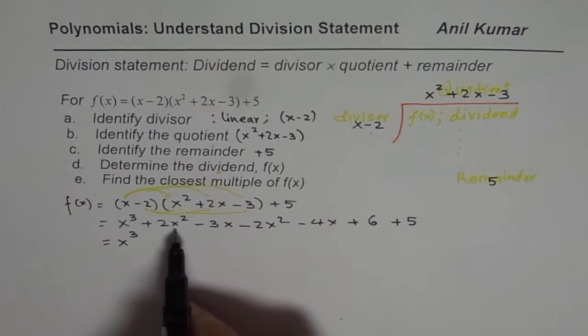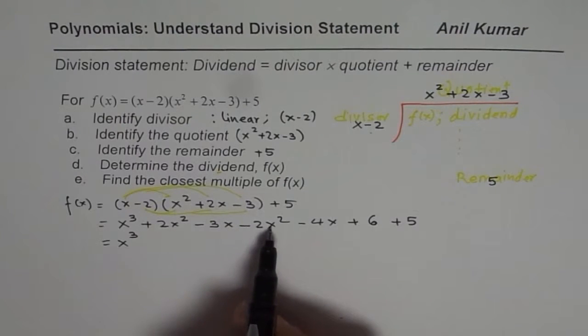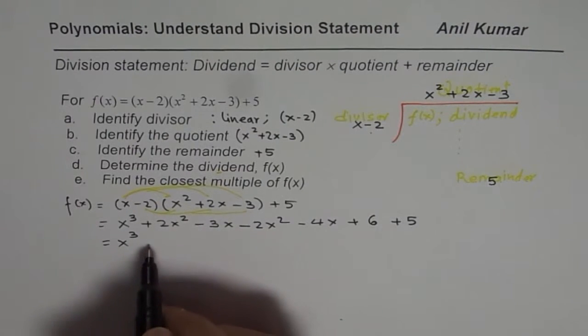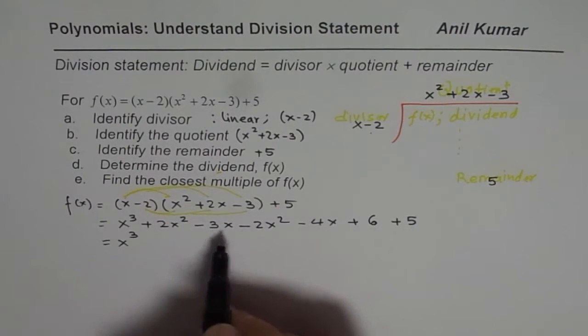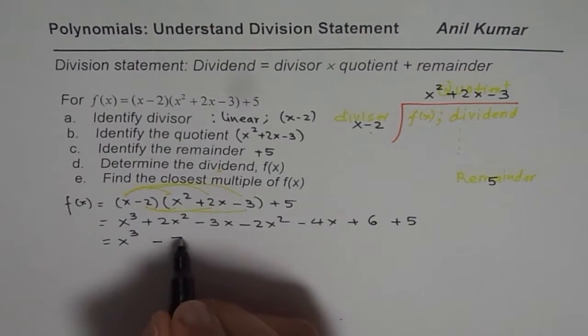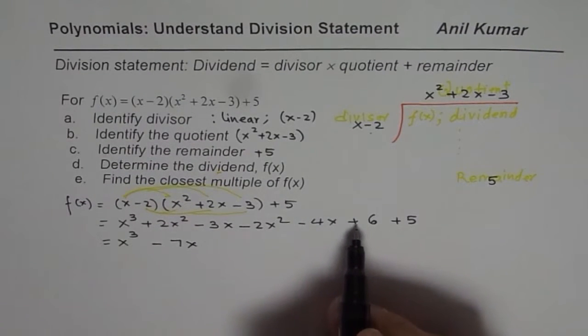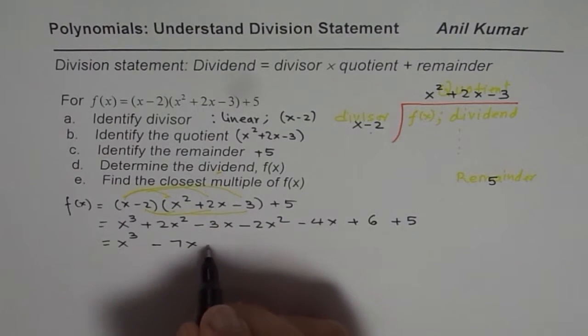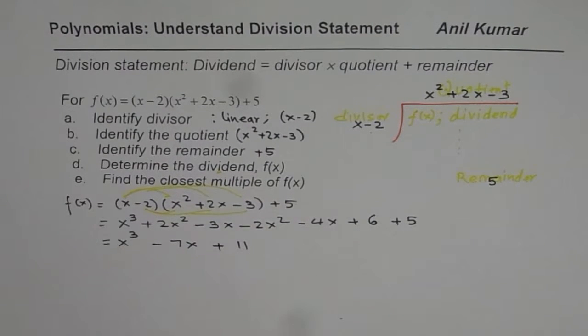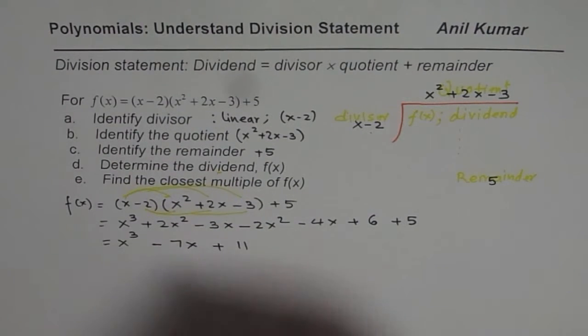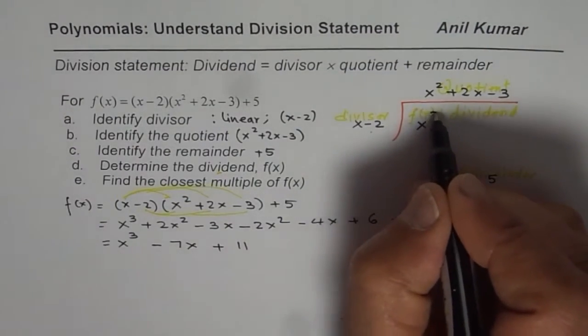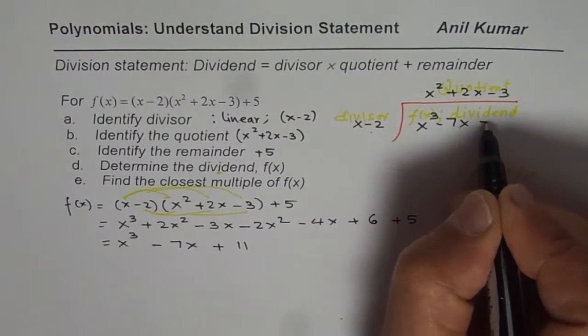The x squared terms: 2x squared minus 2x squared is 0, so we'll forget about it. The x terms: we have minus 7x. And then the constants: 6 plus 5 is 11. So that is the function itself: x cubed minus 7x plus 11.